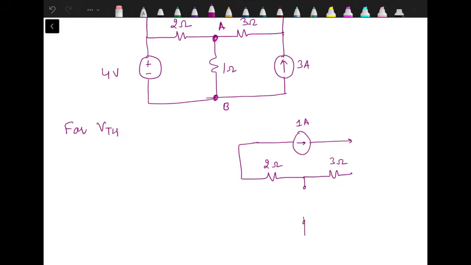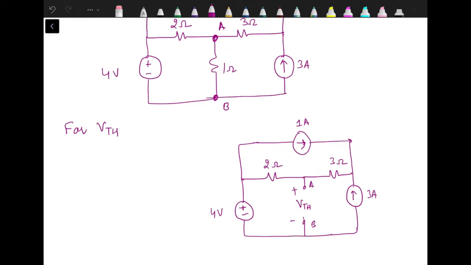This 1 ohm resistance, which is actually load resistance, has to be removed. Here we have 4 volt source and 3 ampere current source over here. Let's mark the polarity of voltage VTH like this, with terminal A positive, terminal B negative.